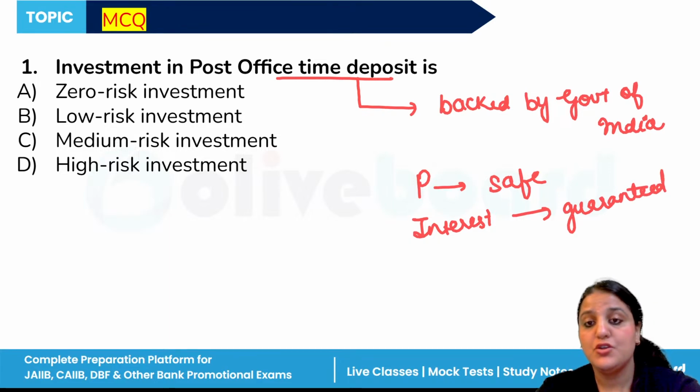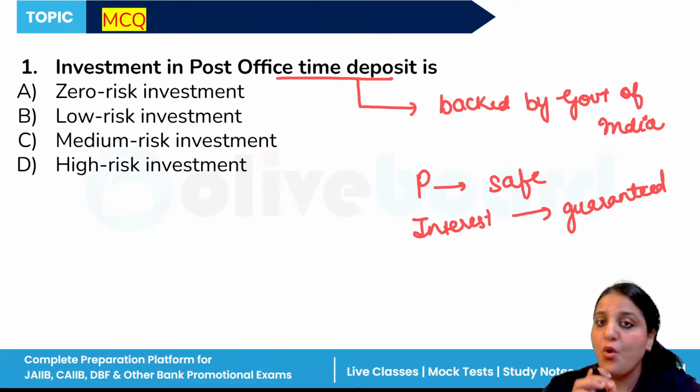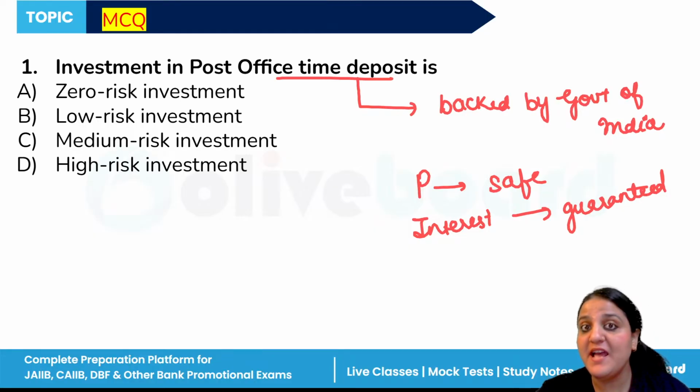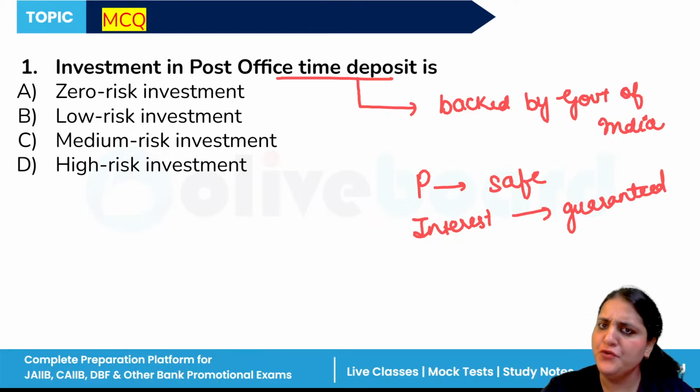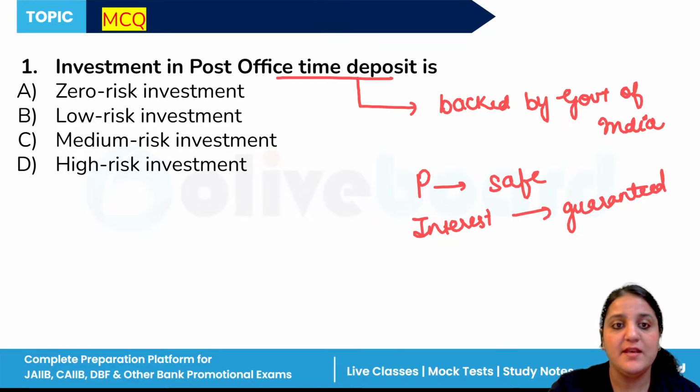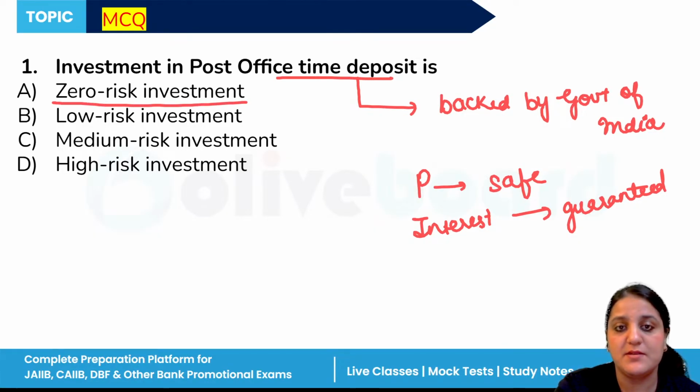So there is almost no chance of losing the money. If you invest 1 lakh in post office time deposit at 6% per annum for 5 years, you will get guaranteed interest at maturity, and there is no risk of default. So the correct answer is zero risk investment. Option A is the correct answer here.